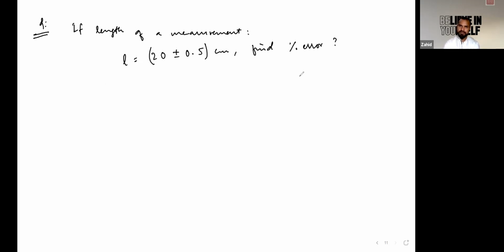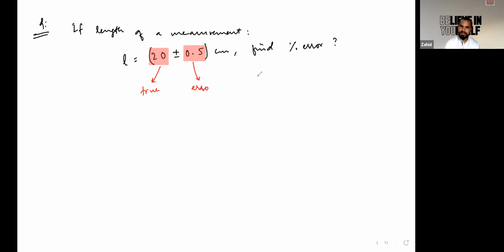For finding percentage error, you have to define first what would be the true value and what would be the error. Before this plus minus, this will be termed as true value, and after plus minus, this will be termed as error part. So from this you will say this is your true value and this will be your error.